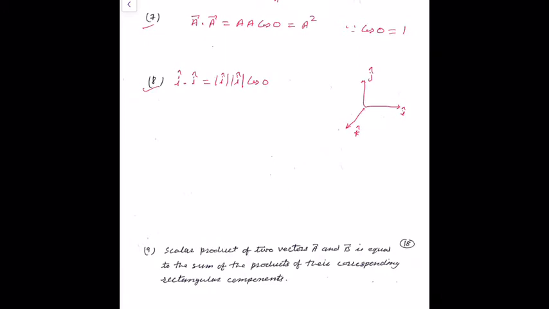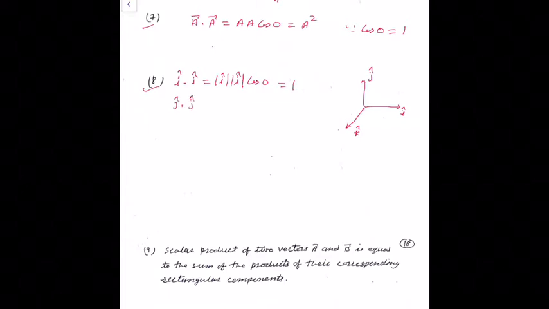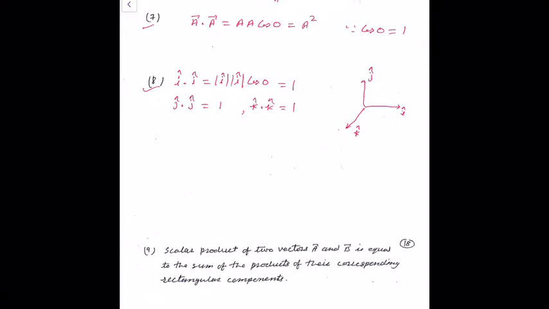The magnitude of a unit vector is always equal to 1. So we can write i cap dot i cap is equal to 1 since cos 0 is equal to 1. Or we can write j dot j is equal to 1. Similarly, k cap dot k cap is equal to 1.